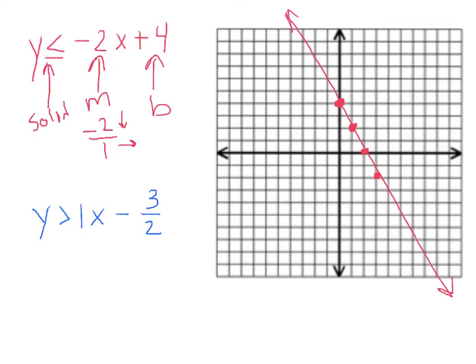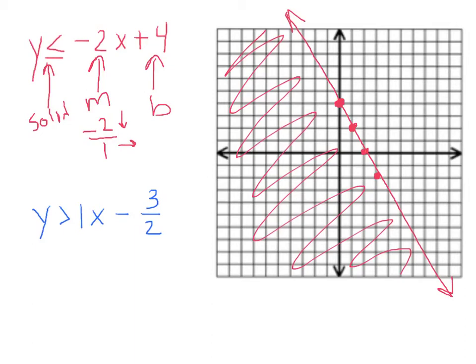It says y is less than or equal to negative 2x plus 4, so all my y values are smaller than the expression negative 2x plus 4, or the line that we drew. So we shade below the line.